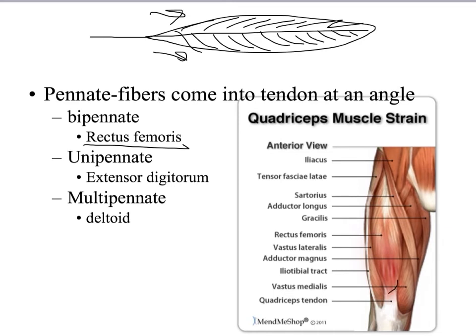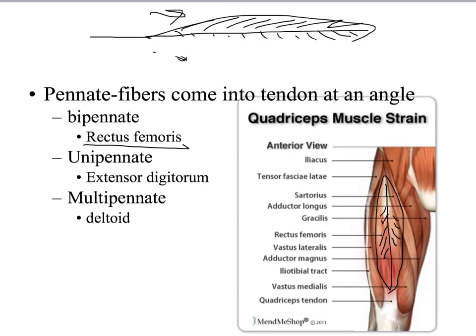There's your line through the middle, and then you can see the fibers coming down like that. Unipinnate would mean that you only have half that feather-like shape, and your example is going to be the extensor digitorum of the arm.